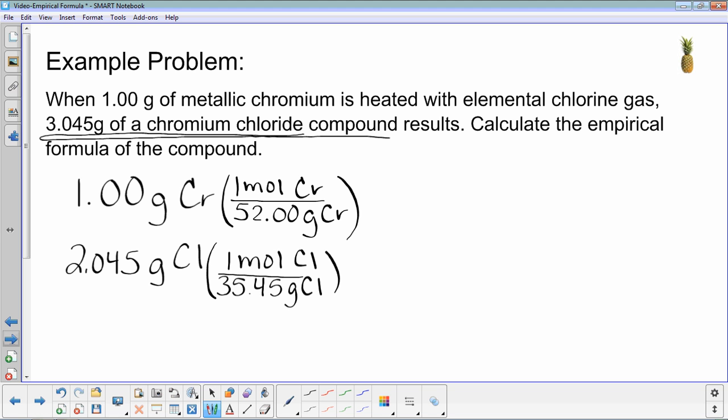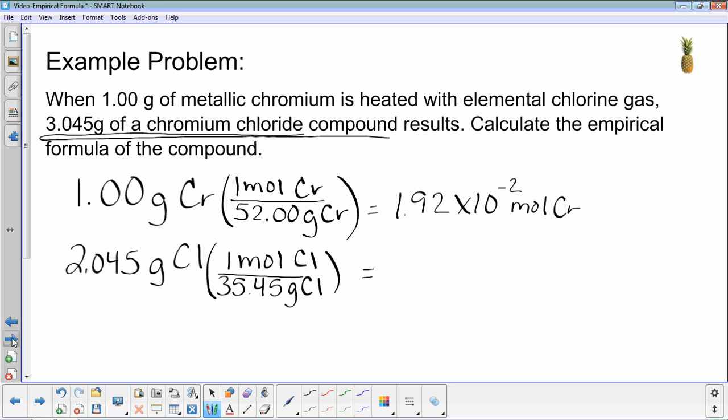So now I'm going to get out my calculator. I'm going to calculate the number of moles of chromium and the number of moles of chlorine. So I have 1 gram divided by 52.00, and I'm going to get 1.92, because I have 3 significant figures, times 10 to the negative 2 moles of Cr.